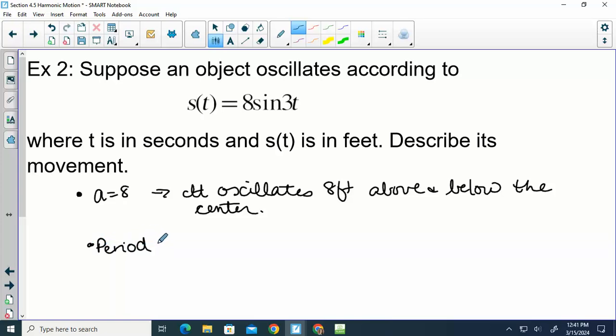Can you tell me what the period is? Normal period is 2 pi divided by the coefficient of t, so 2 pi over 3. So that means it takes 2 pi over 3 seconds to complete one cycle.